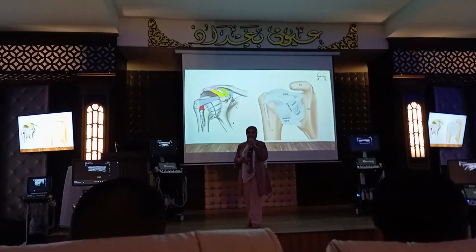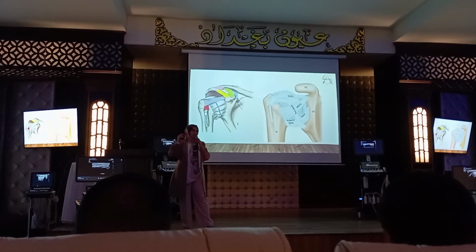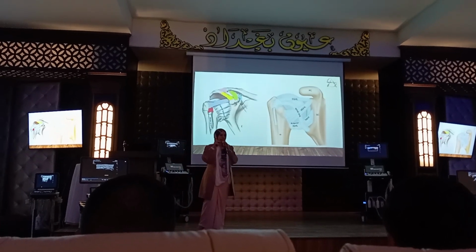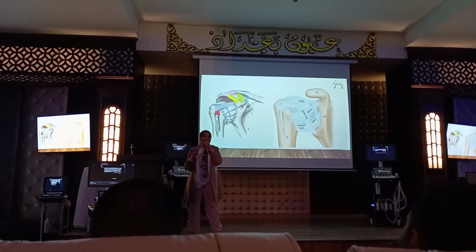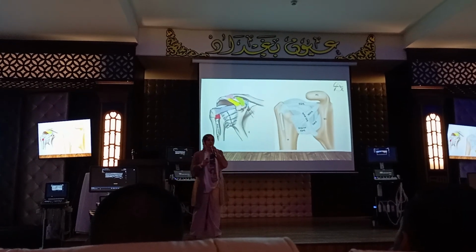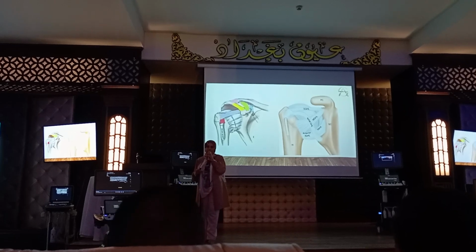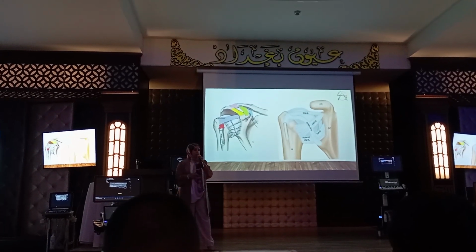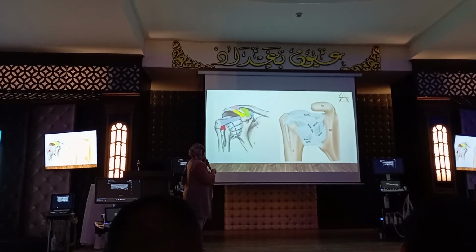It is just above the subscapularis muscle. So the white structure above the subscapularis muscle on ultrasound is called the coracohumeral ligament. Any thickness of it more than 2 mm can cause subscapularis muscle impingement, and it is a part of the pathology of a frozen shoulder. This is the first ligament.